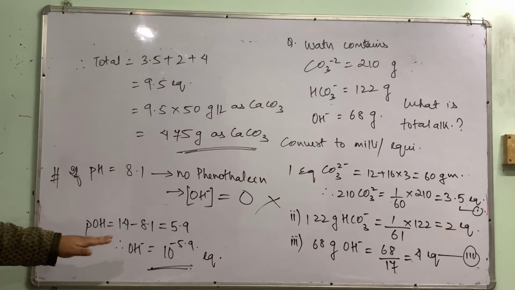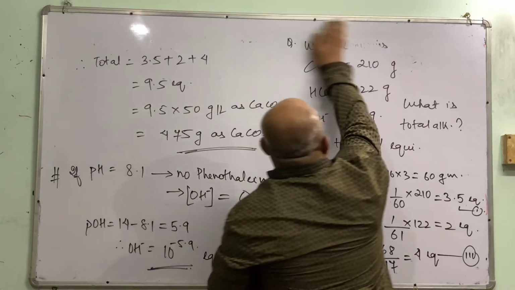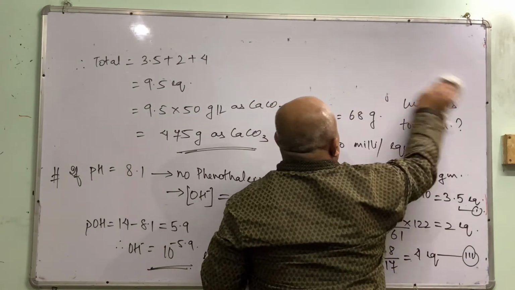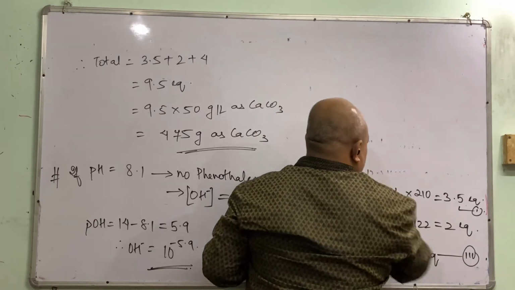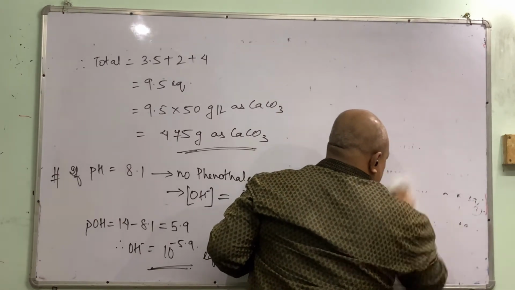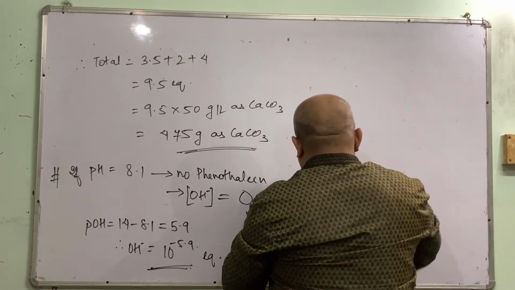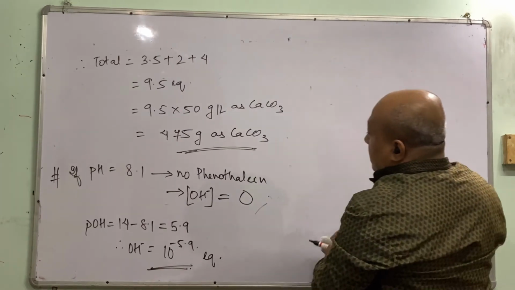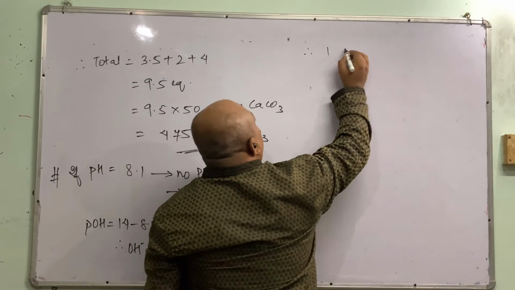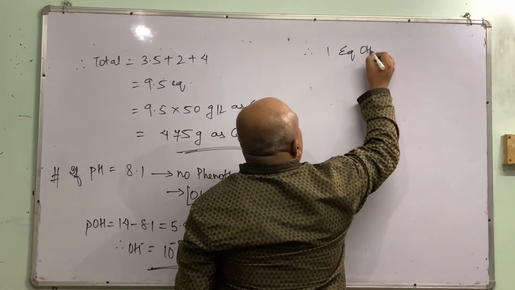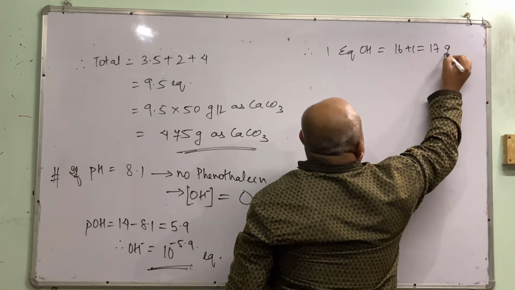Now you want to convert into milligrams per liter? Let me do it over here again. Now you see, 1 equivalent of OH is 16 plus 1, which is 17 grams.